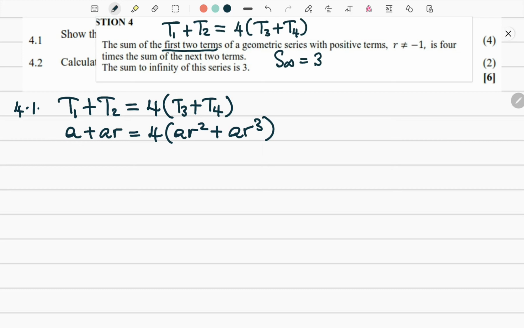On the right hand side, we can factor out ar.